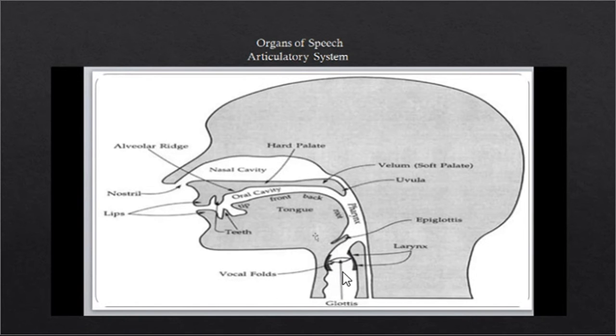And in your neck there are vocal cords, and inside the vocal cords there is a glottis, and there are lungs.